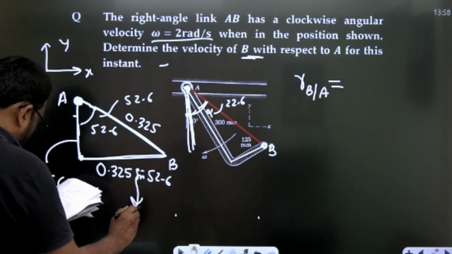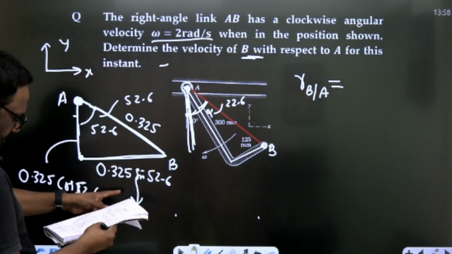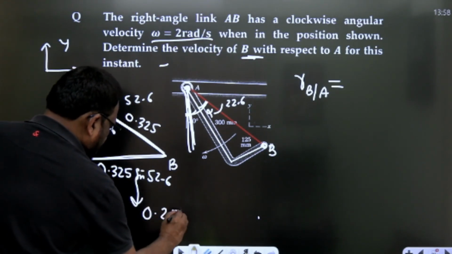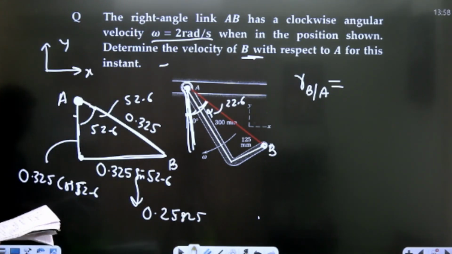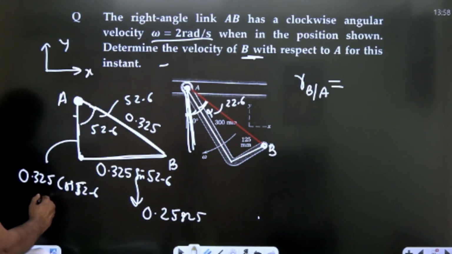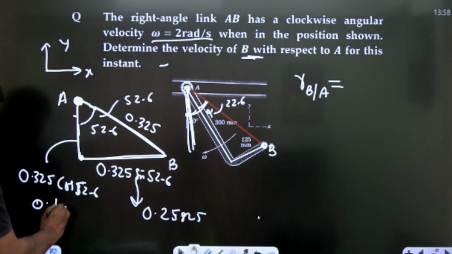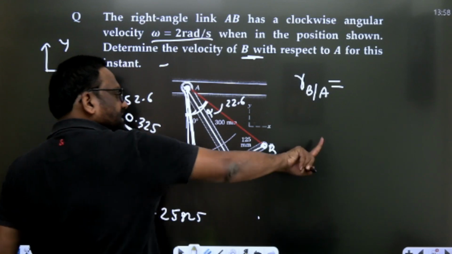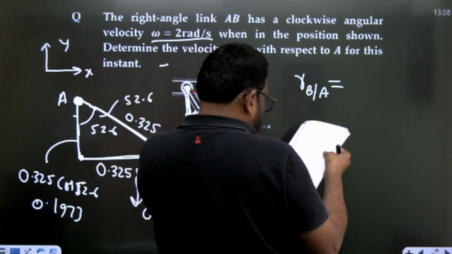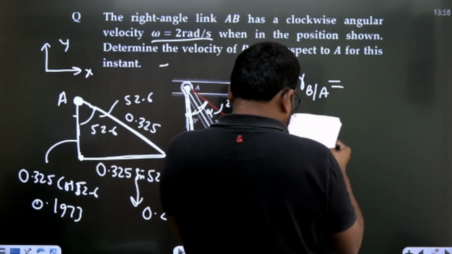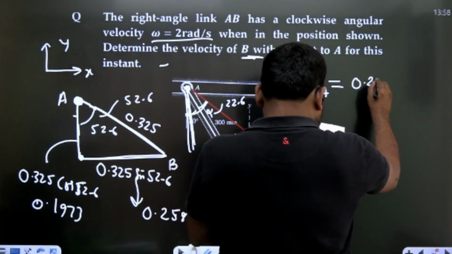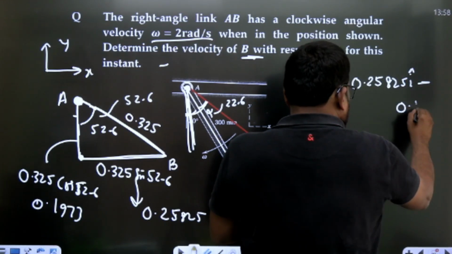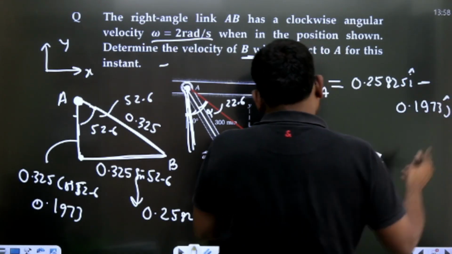This length is 0.325 sin 52.6. तो ये आ रहा है 0.25825. और ये आ रहा है 0.1973. सो वेक्टर क्या होगा सर? x is plus, y is minus. तो the position of B with respect to A is 0.25825 i cap minus 0.1973 j cap. Excellent, sir.